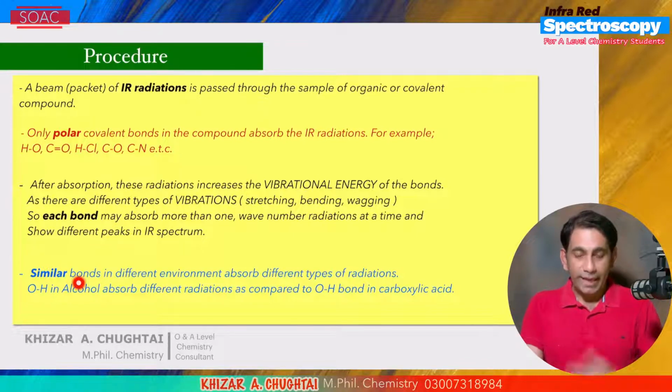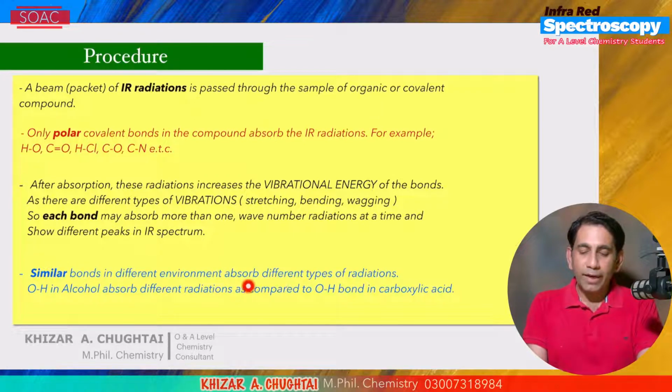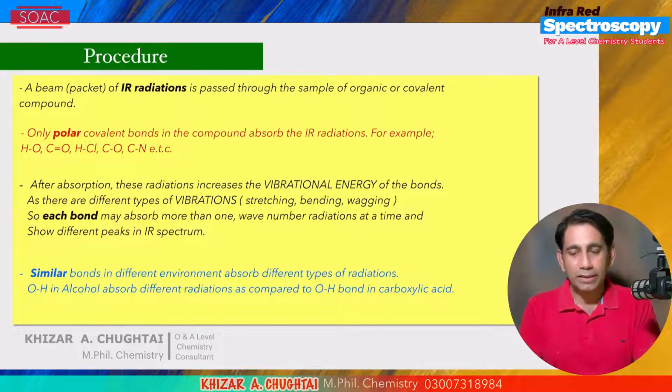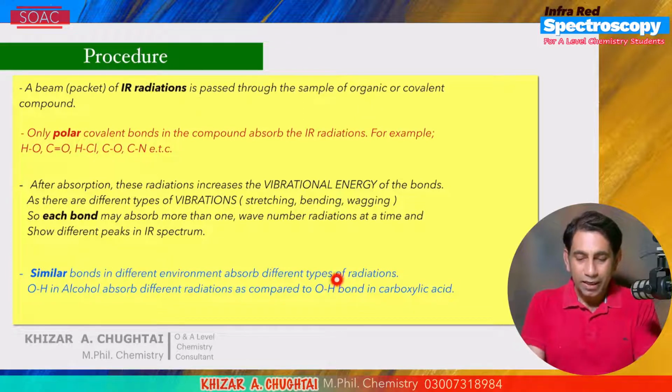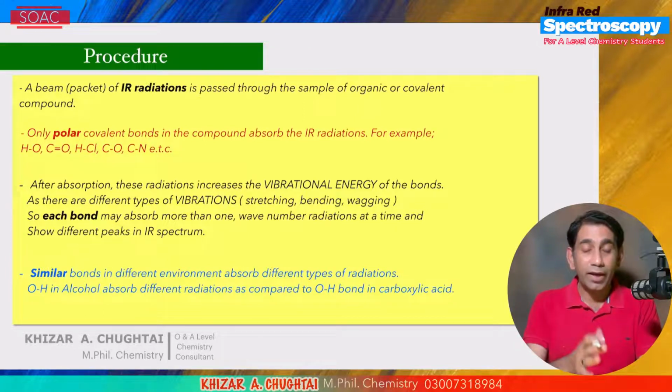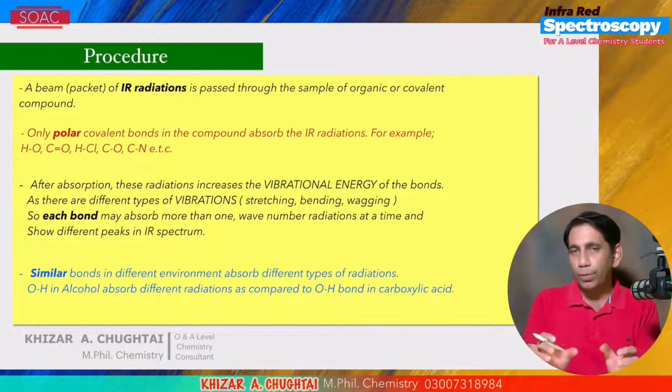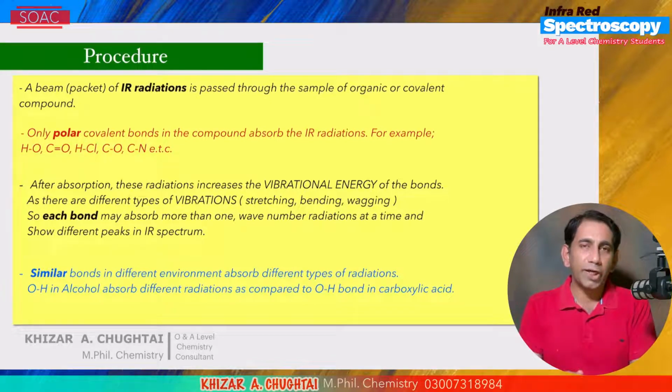The next point is that a similar bond in a different environment absorbs different radiation. For example, an OH group may be part of an alcohol, as I told you earlier. An OH group may also be part of a carboxylic acid. Under these different environments, the OH group will absorb IR radiation of different frequency or wavelength.